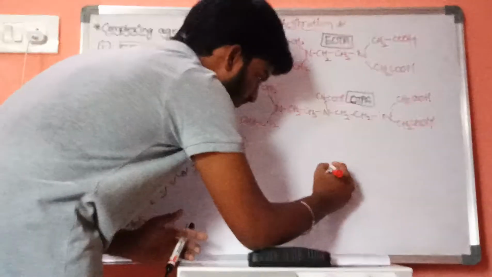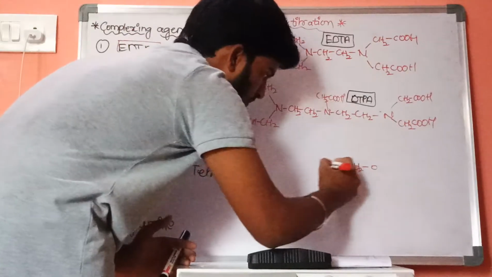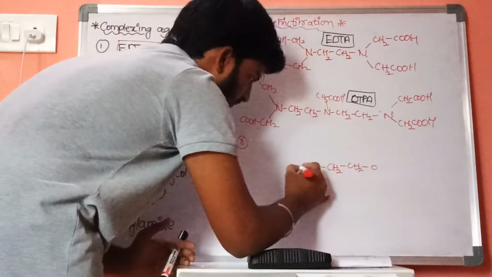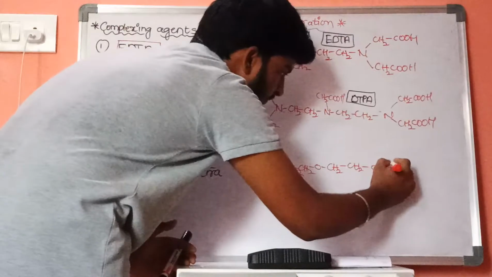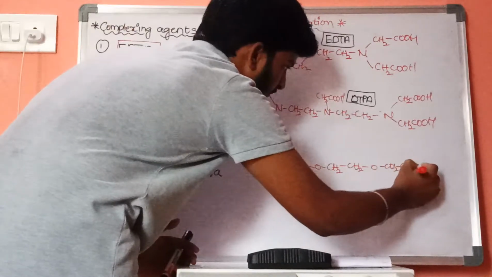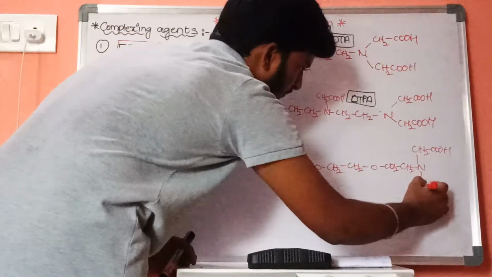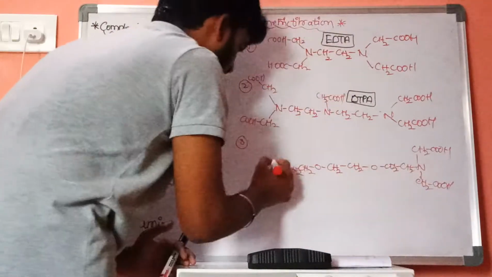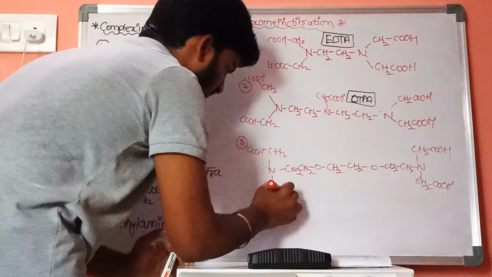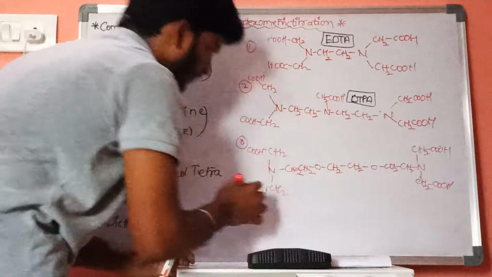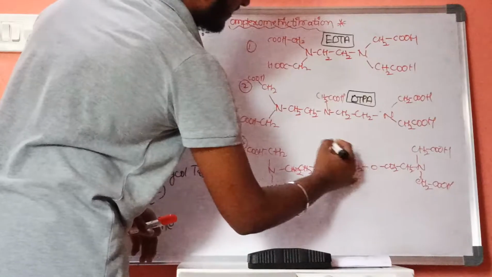Structure is O O. This is the structure of ethylene glycol tetraacetate.